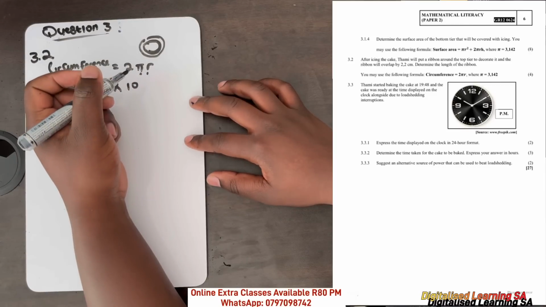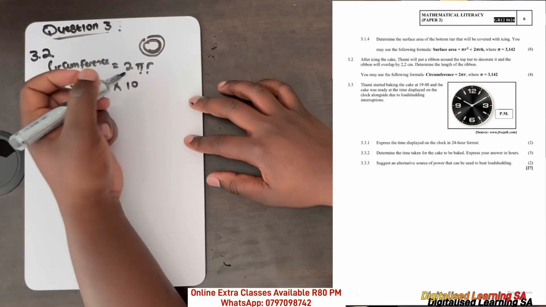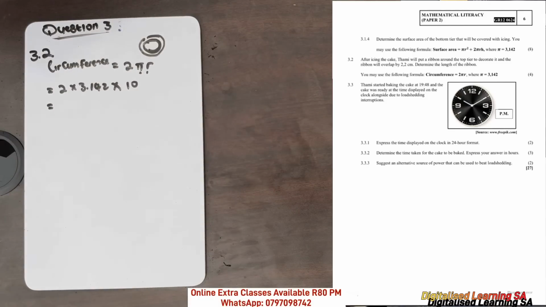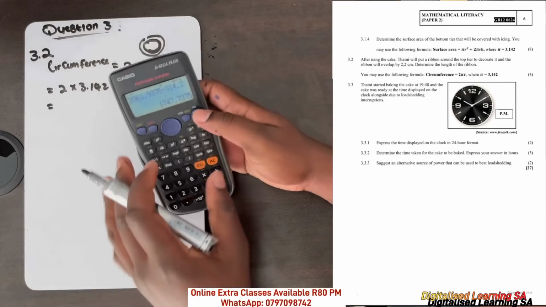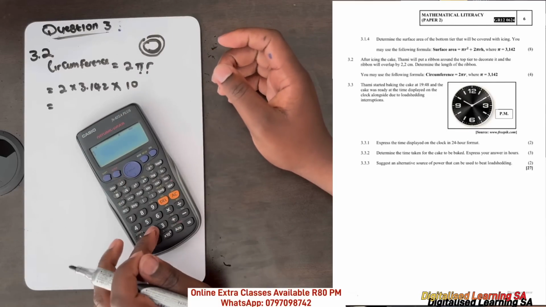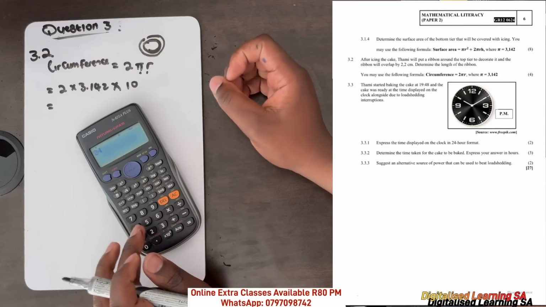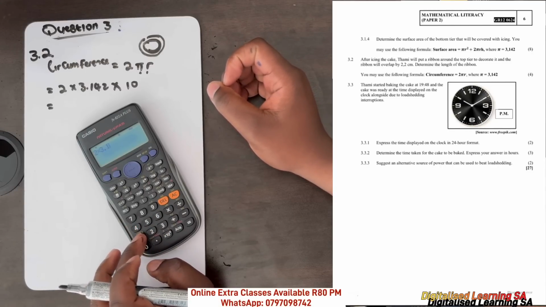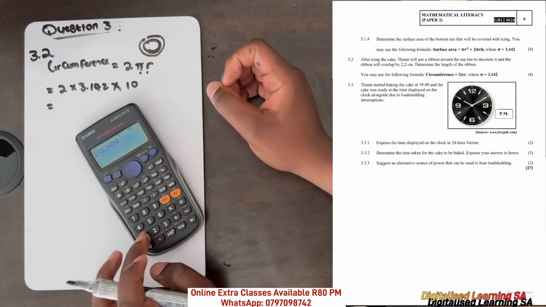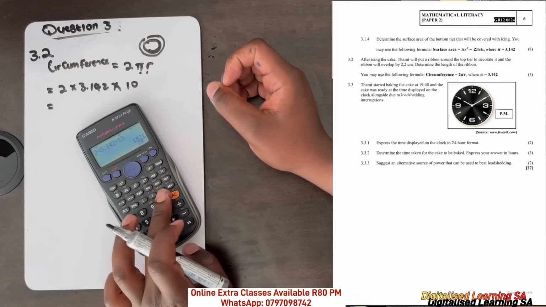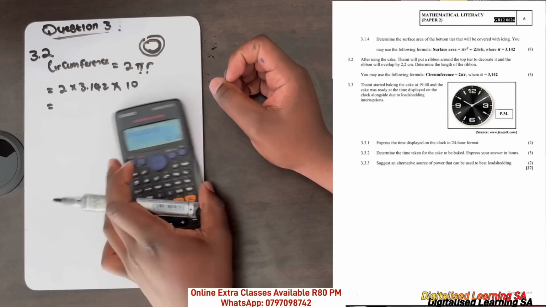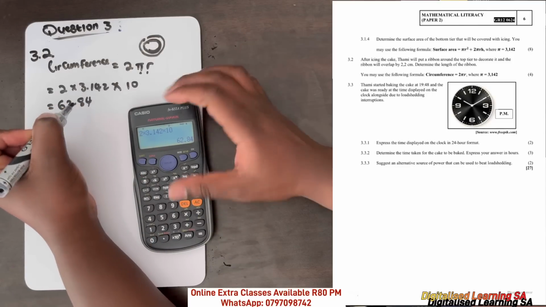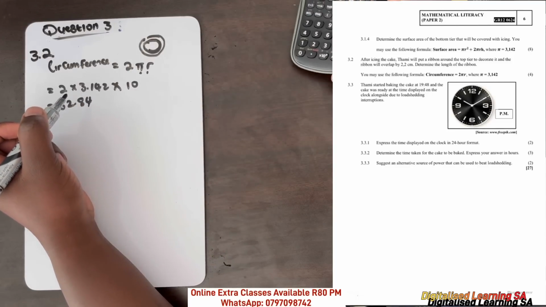The radius of our top tier was 10. So our answer will be 2 multiplied by 3.142 multiplied by 10, and it will be 62.84.